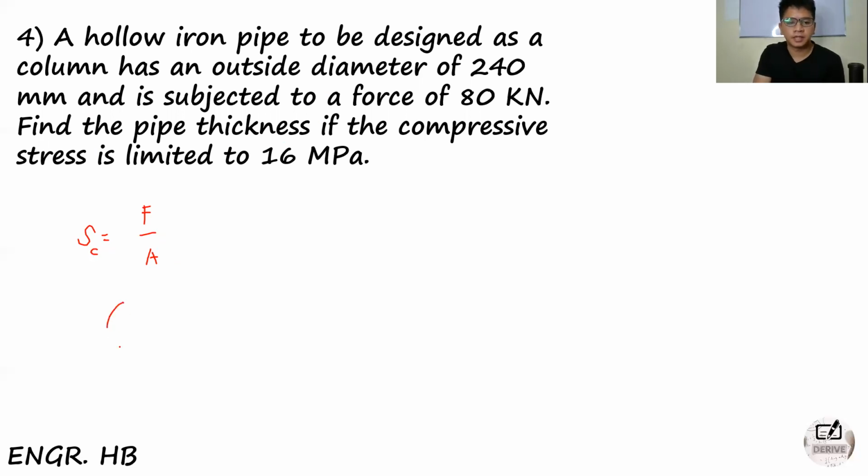Suppose this is your pipe cross section. We have the outside diameter and the inside diameter, and this is the thickness. Based on the drawing, the outside major diameter equals the inside diameter plus twice the thickness.